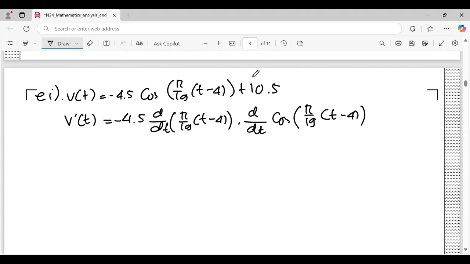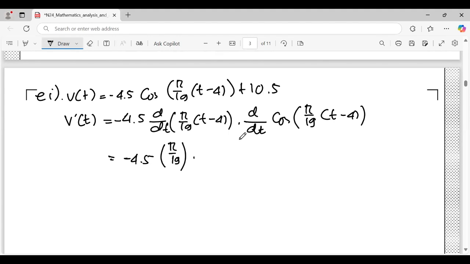The constant becomes 0, so it's going to be -4.5. The derivative of the bracket is pi over 19, because t becomes 1 and the minus 4 becomes 0. 1 times pi over 19 remains pi over 19.